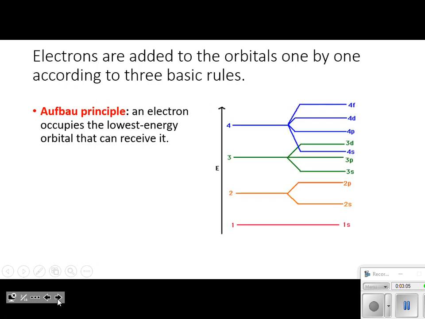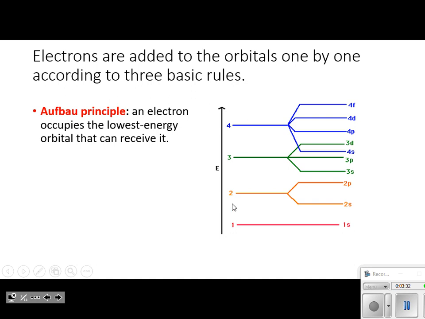Now, it would be fine and dandy if everything went in a distinct order. But that's the trouble with electron configurations. That's what makes them a little bit tougher, is that there is overlapping of different orbitals. As you can see here, the up arrow is the amount of energy. And if you look, here is the first principal energy level.